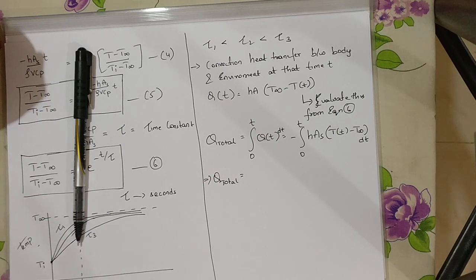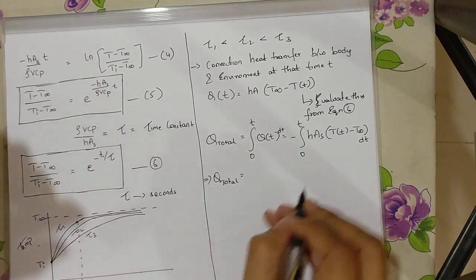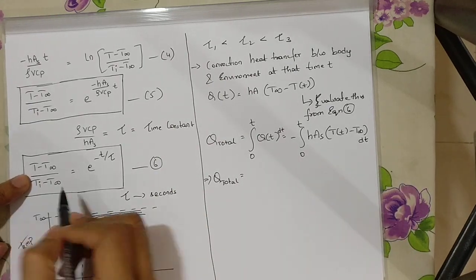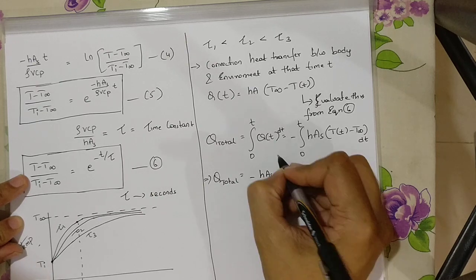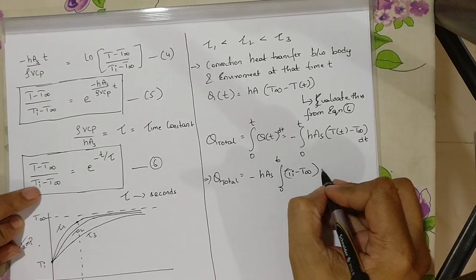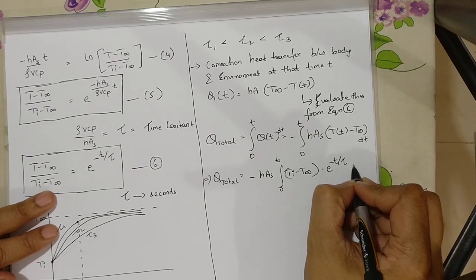Well, we all know that this temperature is dependent on time. So let us write T minus T infinity, from equation number 6, as (Ti minus T infinity) into e power minus t by tau, dt.